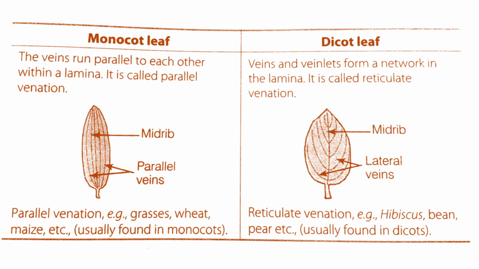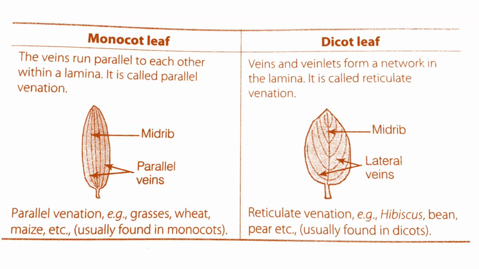On this slide, you're seeing a monocot leaf on the left and a dicot leaf on the right. As you can see on the monocot leaf, the veins run parallel to each other within the lamina. It is called parallel venation. Parallel venation, as you see at the bottom, e.g., grasses, wheat, maize, etc., is usually found in monocots.